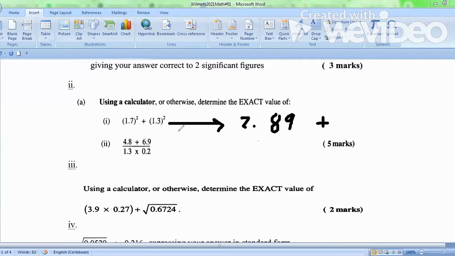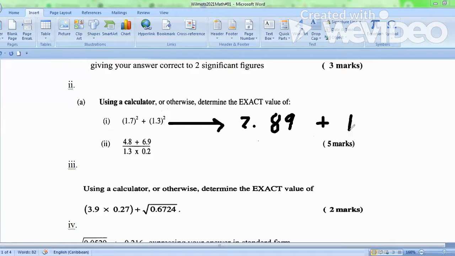No, it's 1.3 times 1.3. Yes, 1.3 times 1.3, that would be 1.69. Correct now? Yeah, man, you're good.